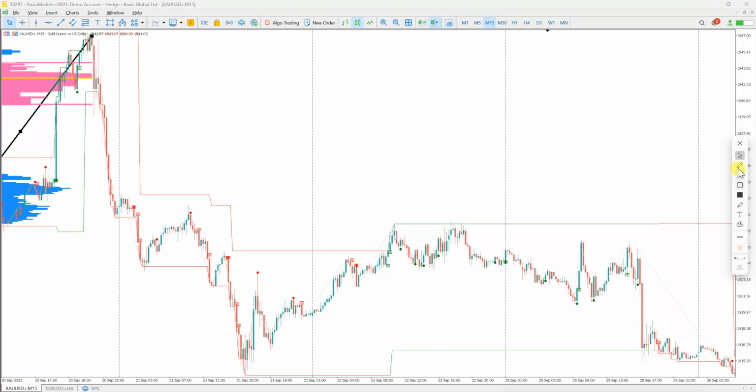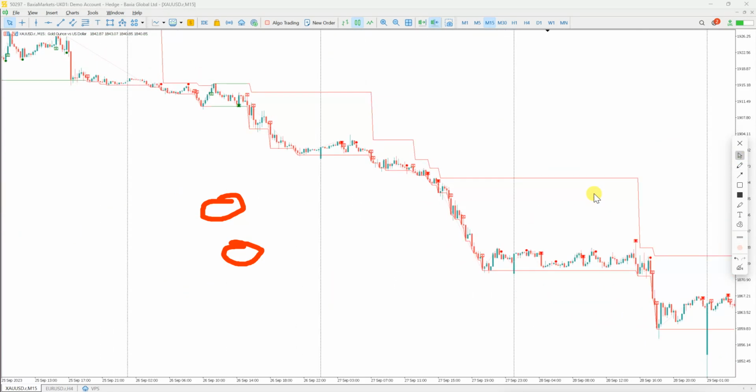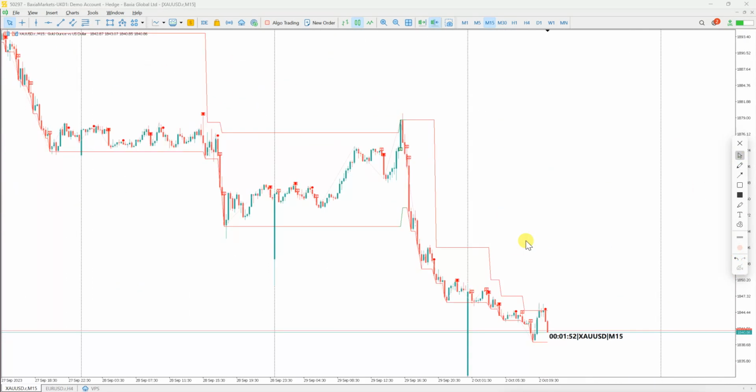And here you see, notice this is a weak bullish move because it broke only one. It didn't break two. And this one as well, it broke only one here, and this one is still intact.